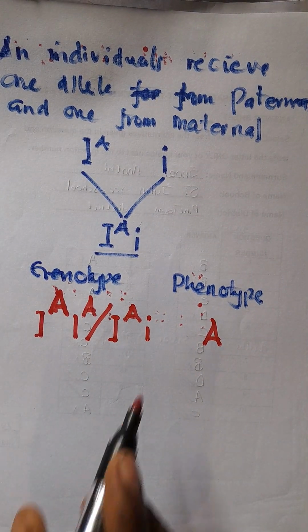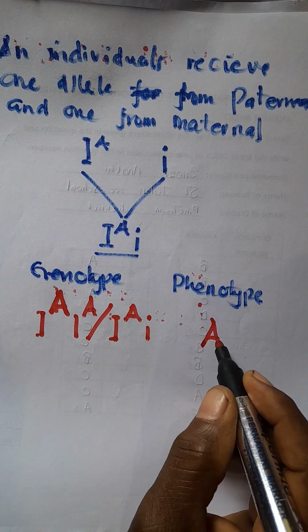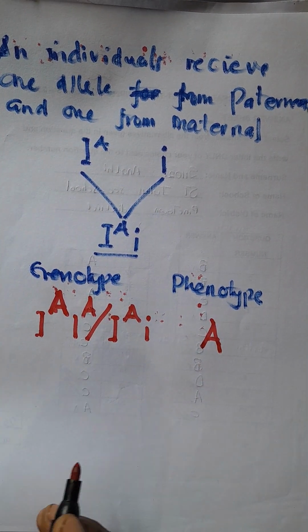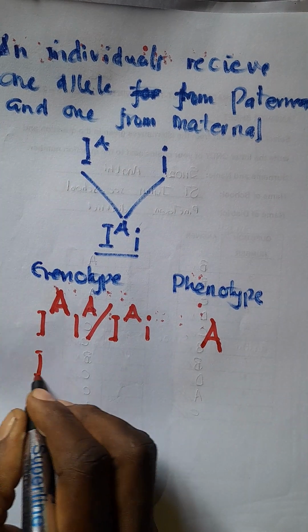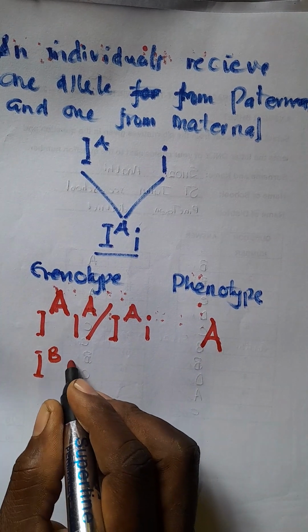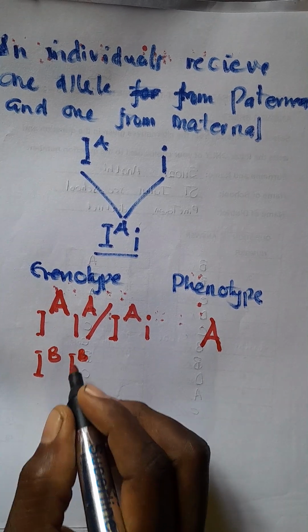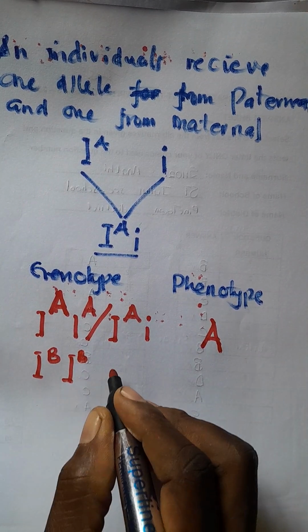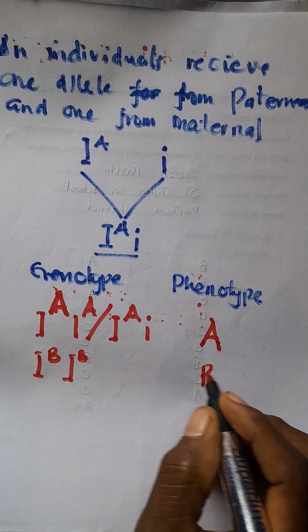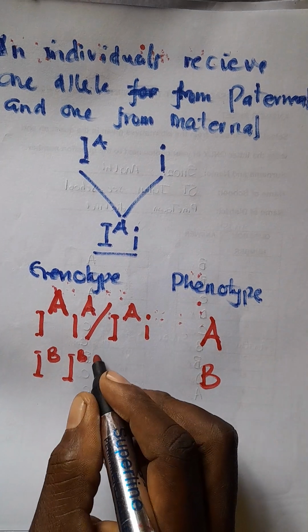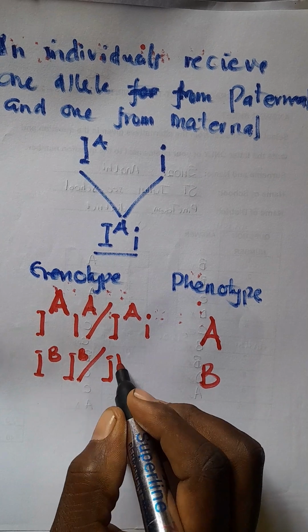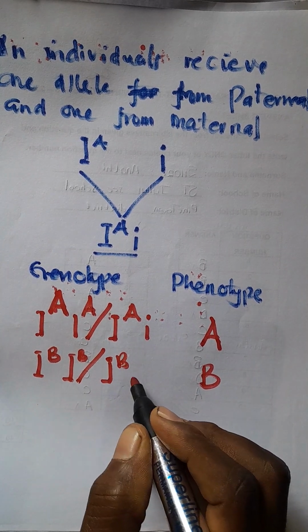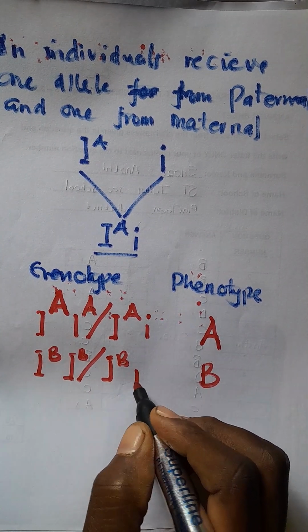Then it's still blood type A. For an individual who is I^B I^B, they are going to have blood type B. Or an individual can be I^B, remember this is capital letter I, then i recessive.